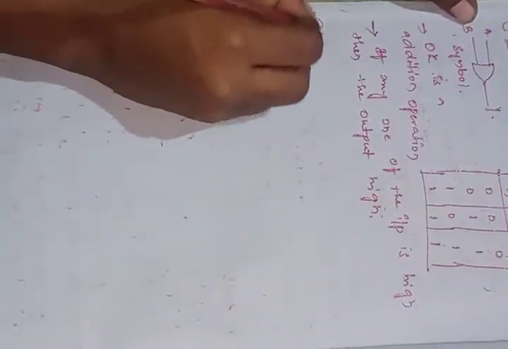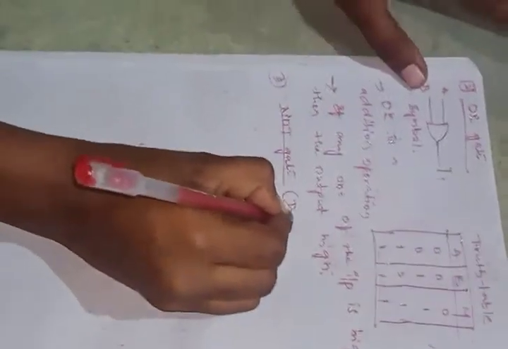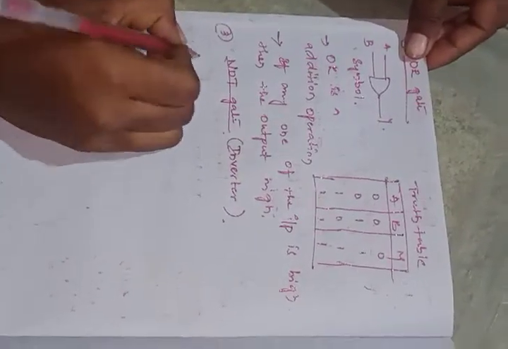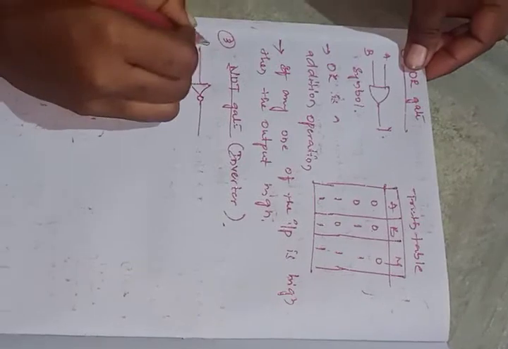Okay. Then we next go to another gate, that is NOT gate. NOT gate is also called an inverter. The symbol of inverter is this.